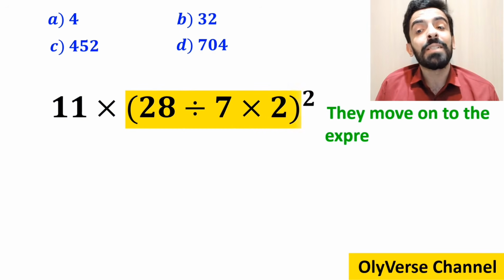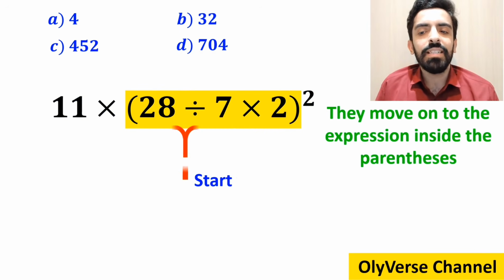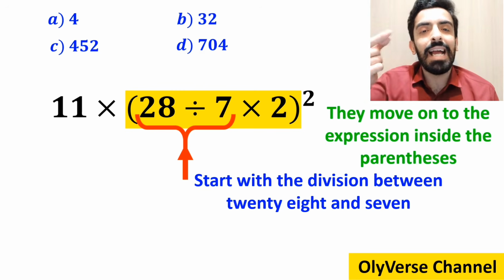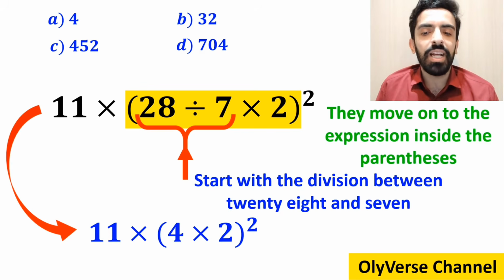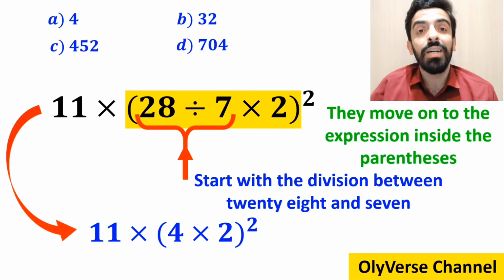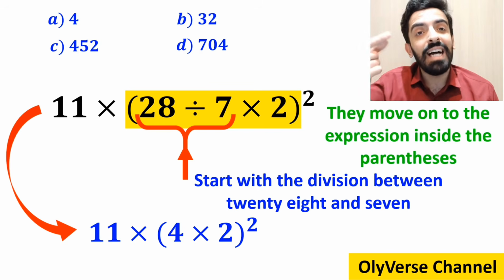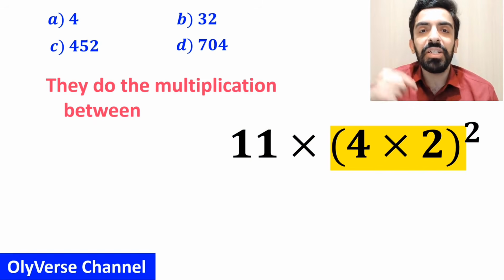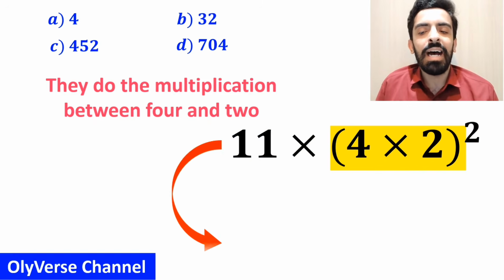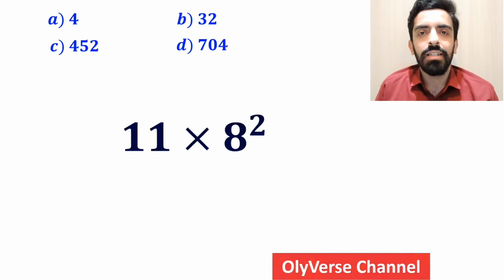Then, they move on to the expression inside the parentheses and solve the division between 28 and 7. So, they simplify this expression to 11 multiplied by (4 times 2) all squared. Next, they do the multiplication between 4 and 2 and write this expression as 11 multiplied by 8 squared.